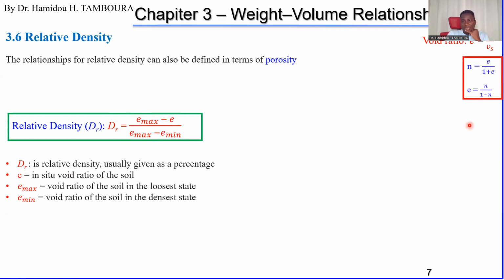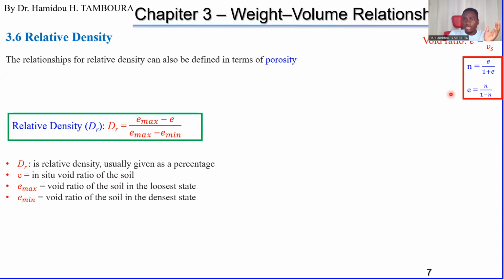If you remember, in the previous video we talked about the relationship between void ratio and porosity. We can obtain the void ratio by using porosity with this formula: void ratio is equal to porosity divided by 1 minus porosity. N is porosity.